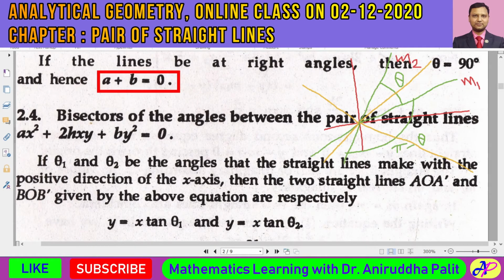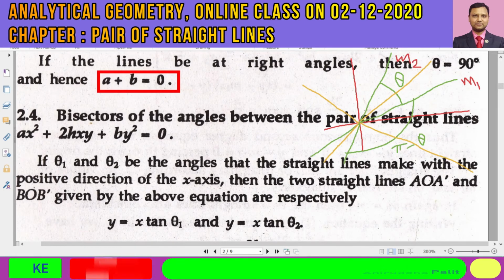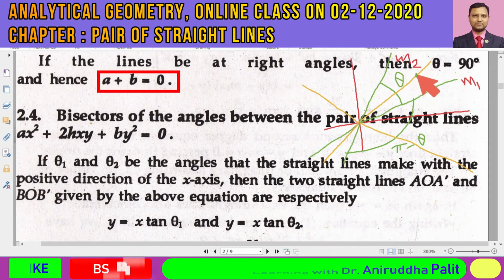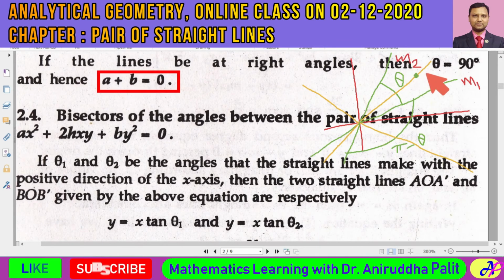Now I am going to discuss the problem by choosing a point, this kind of point. There are two different approaches present in this book. I am considering the second approach.